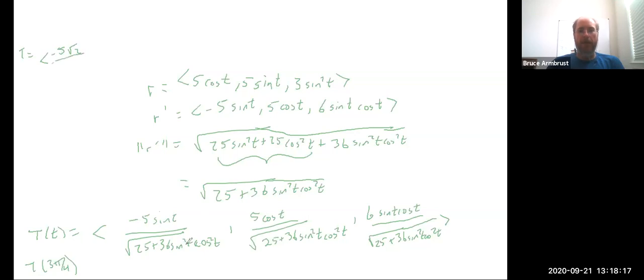And then sine and cosine of 3 pi over 4, one's root 2 over 2, the other's negative root 2 over 2, but those both become positive when squared. So it becomes a half times a half, which is a fourth, times 36 is 9, plus 25 is 34. So I believe this is the square root of 34.